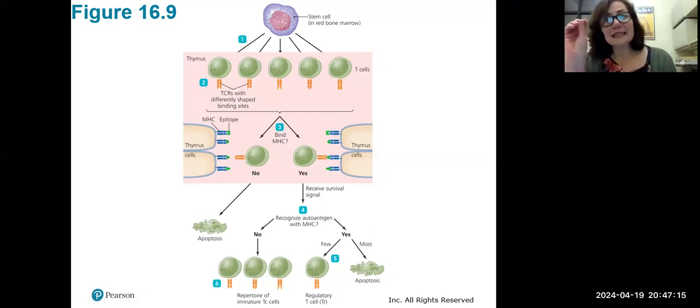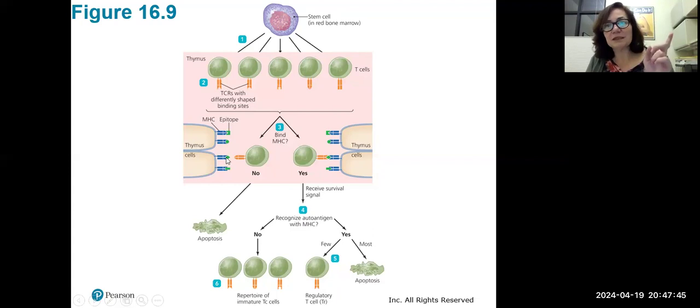But it's got to be a little bit blind because we need you to see the major histocompatibility protein, but we need you to not react to most of the stuff that's on the major histocompatibility protein. So don't react to normal driver's license and registration. Don't attack that. And if it starts reacting to normal driver's license and registration, then it's killed off.